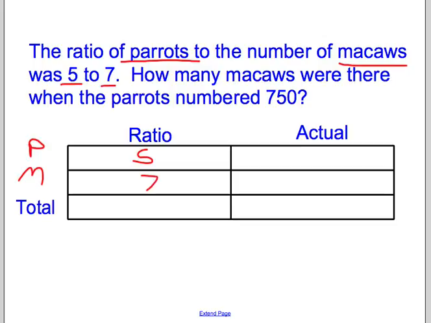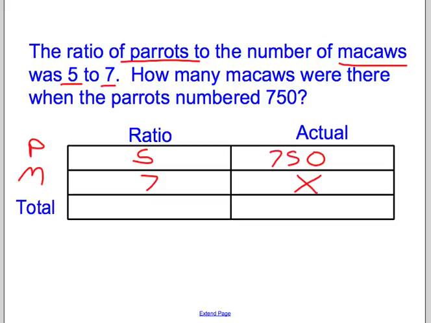The question says how many macaws were there when the parrots numbered 750. So the actual numbers: they want to know how many macaws there were when there were actually 750 parrots.